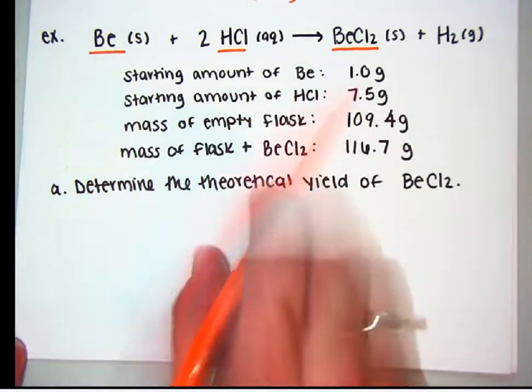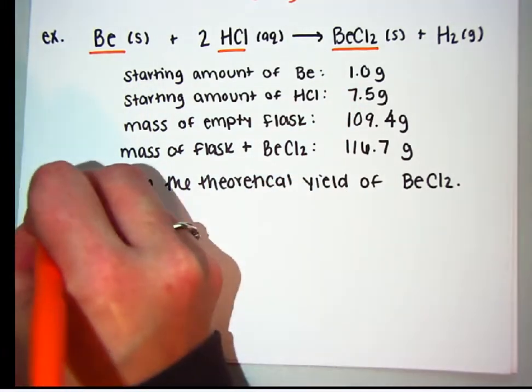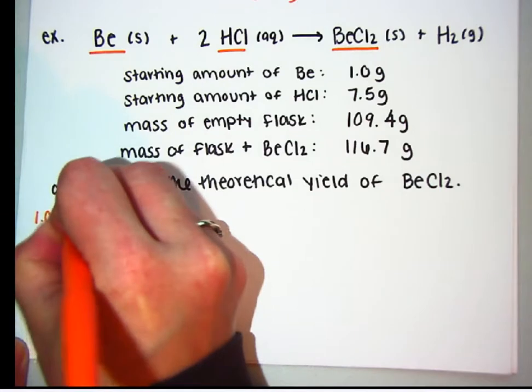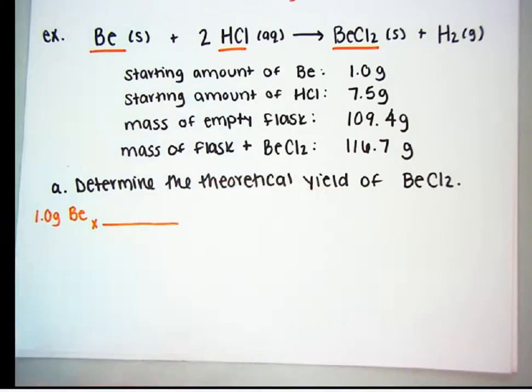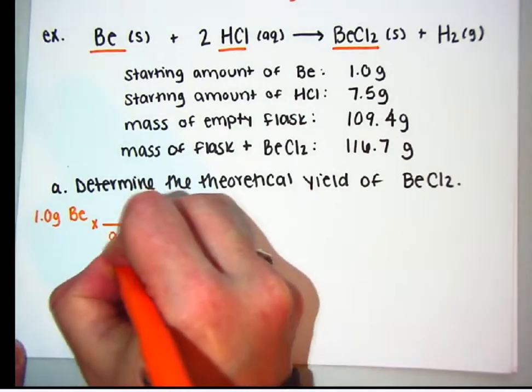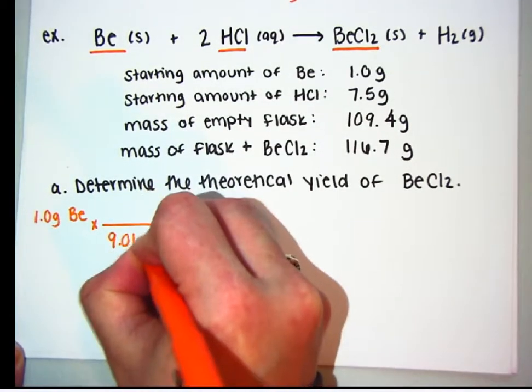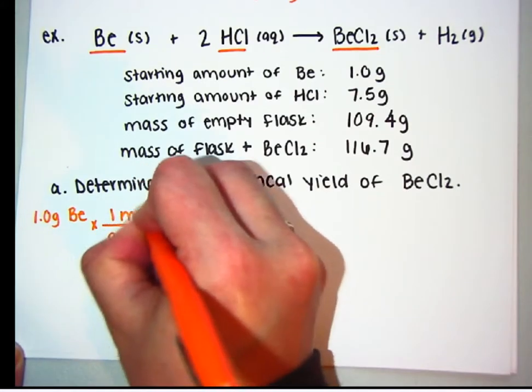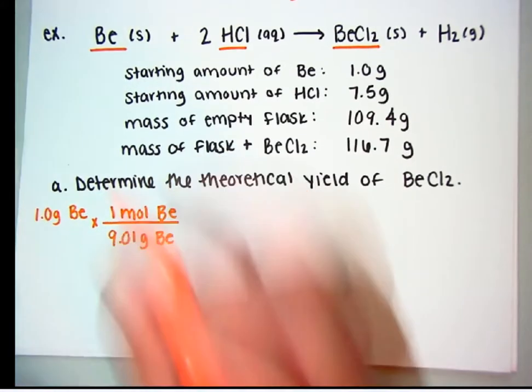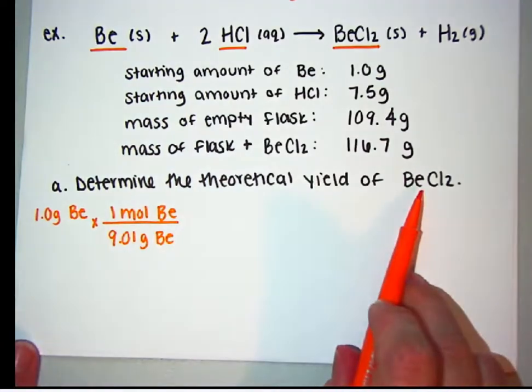So let's start with the 1 gram of beryllium. If we're starting with grams, the only thing we can do is plug in molar mass to get to moles. I can look up beryllium on the periodic table. It has a molar mass of 9.01 grams per every 1 mole. We are solving for beryllium chloride.